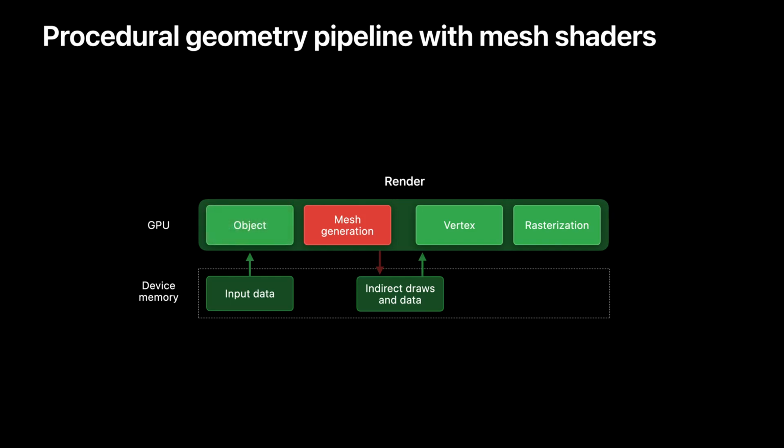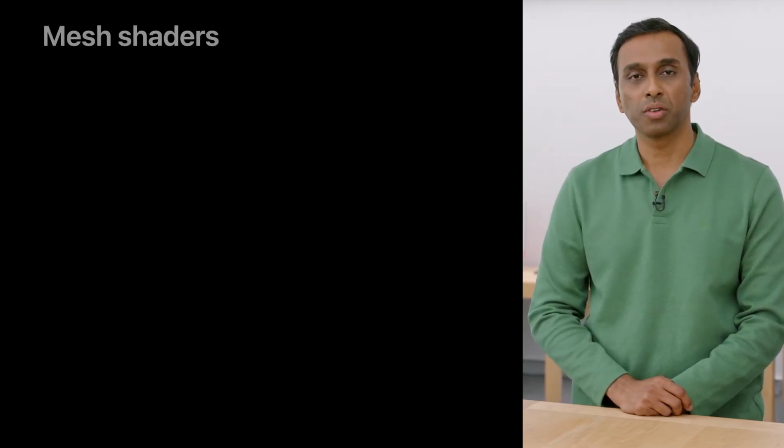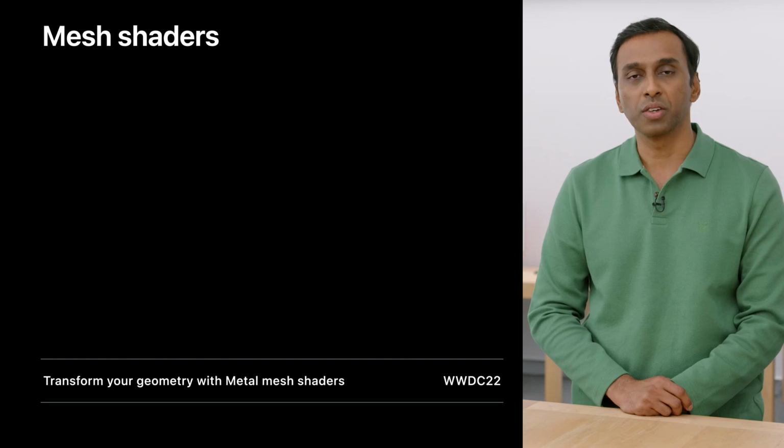The object stage evaluates the input to decide how many meshes need to be generated. And the mesh stage then generates the actual geometry. These meshes are sent directly to the rasterizer, bypassing the round trip to device memory and the need for vertex processing. Mesh shaders will let you build efficient procedural geometry, culling, and LODing systems for your apps. To learn more about mesh shaders, check out the "Transform Your Geometry with Metal Mesh Shaders" session.